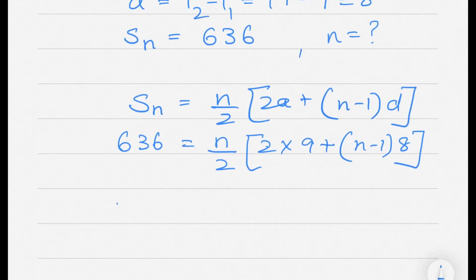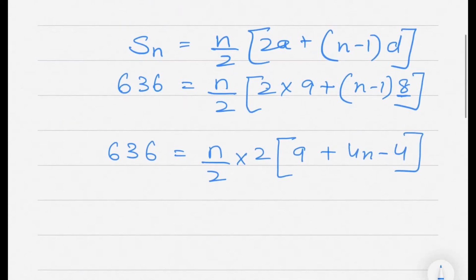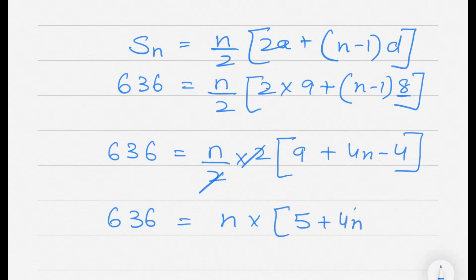Okay, so again now 636 is equal to n by 2 and here I can take 2 common, correct? So this would be 9 plus, and now this has become 4 because I took 2 common, so 4n minus 4. Okay, this 2 gets cancelled, so 636 is equal to n into 9 minus 4 is 5 plus 4n.